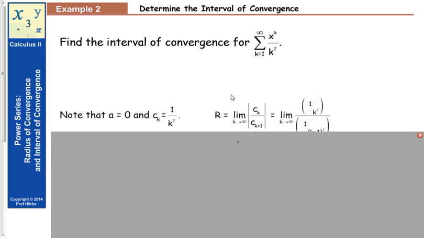And the c sub k, now remember, the coefficients don't involve the variable portion, the x portion. And so c sub k is just 1 over k squared. So we could think of this as the sum of 1 over k squared times, in parentheses, x minus 0 to the k power.